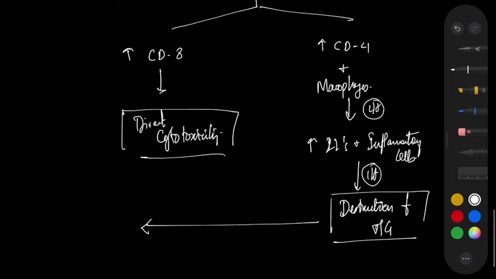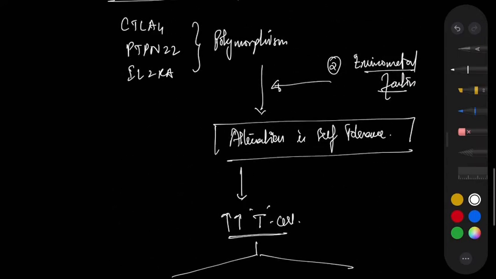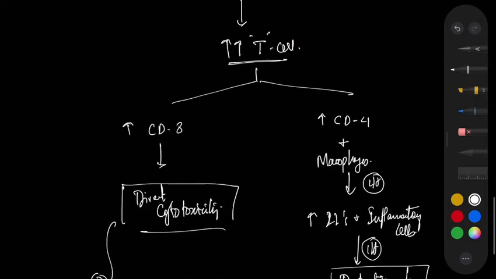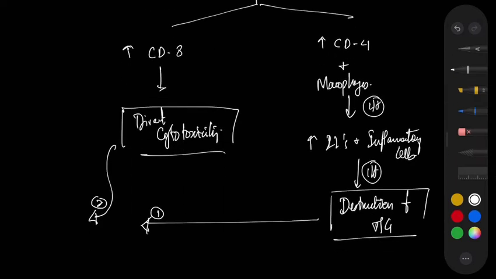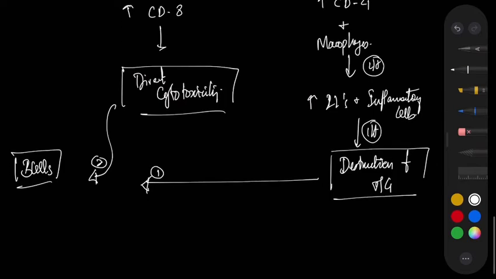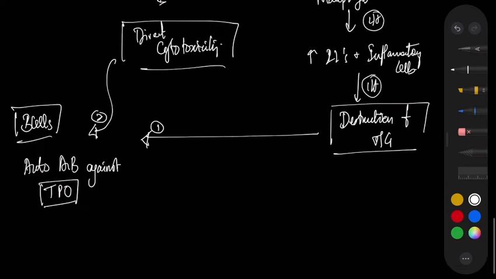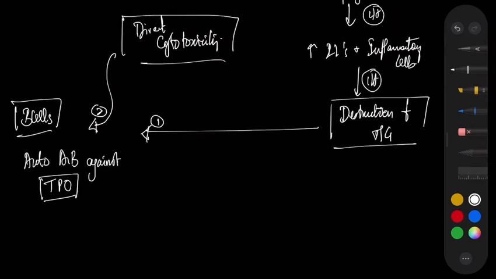One, the destruction of the thyroid gland. There is CD8 contributing to your direct cytotoxicity, and also the environmental factor. So these three factors lead to production of your autoantibodies against TPO, that is your thyroperoxidase. So this is the etiopathogenesis of your Hashimoto's.